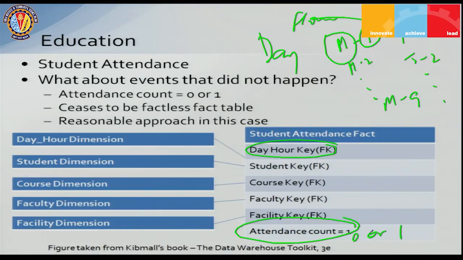So in that case it would not be a factless fact table. It is a reasonable approach in this case, because we are assuming that the percentage of students who are attending classes is much higher than the students who are not attending classes. So it could be 90% and 10%. So accommodating 10% more rows could be done very easily.